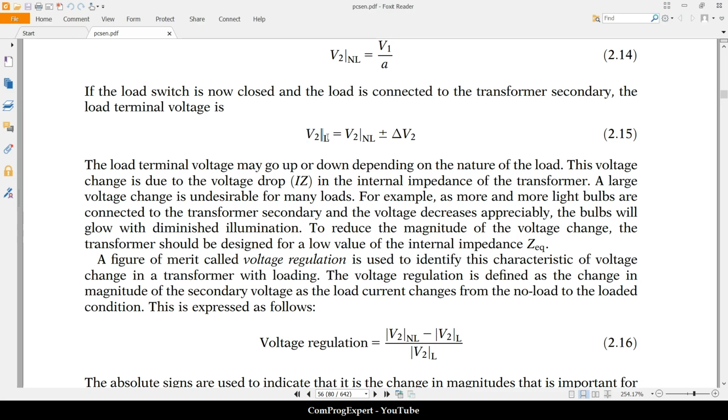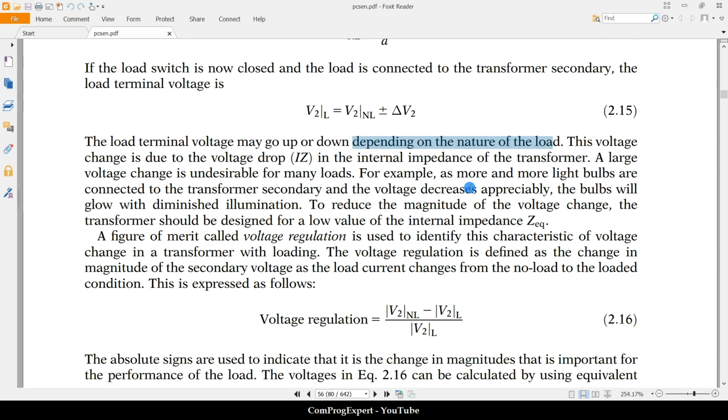V2 when we have load is equal to the value of V2 for the no load case plus or minus delta V2. The plus or minus sign depends on the nature of the load, whether it is inductive or capacitive.